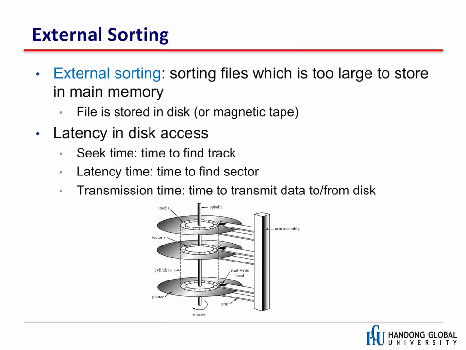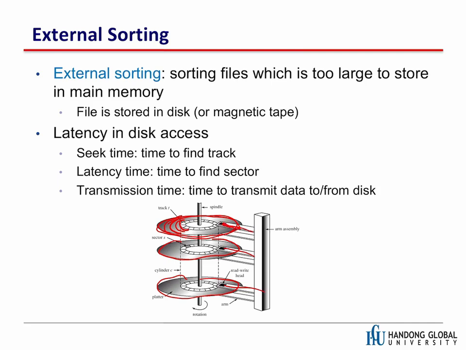In your hard disk we have lots of platters, and multiple heads like this. Seek time is to find the right track. In this disk, we have lots of tracks like this. The first step is to find the right track.